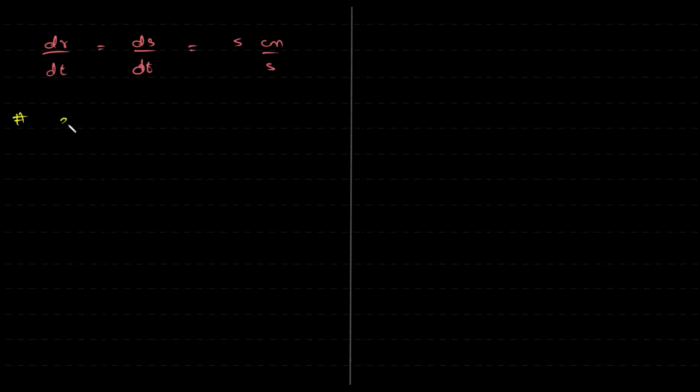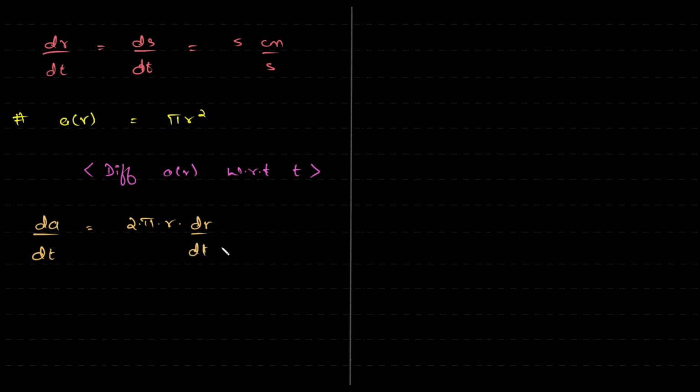And now we have A of r, which is pi r square. So we can differentiate A of r with respect to not radius, but time. And so we have dA by dt, which is equal to 2 pi r times dr by dt. This is as per the chain rule.